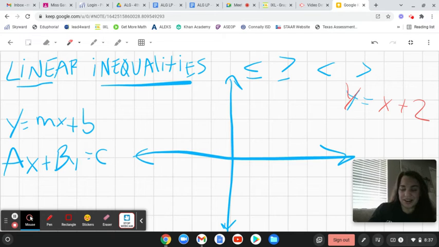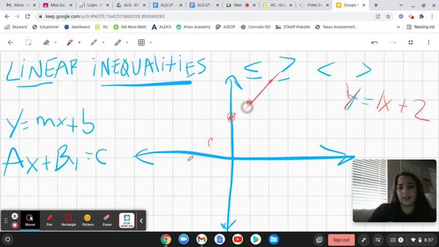I just made that up, by the way. So remember, 2 would be our y-intercept, and if our slope was 1, that just means up 1 over 1, like this. And I can also go down backwards if I wanted to. And that would be the line, right? It would be equals because it's literally that line.